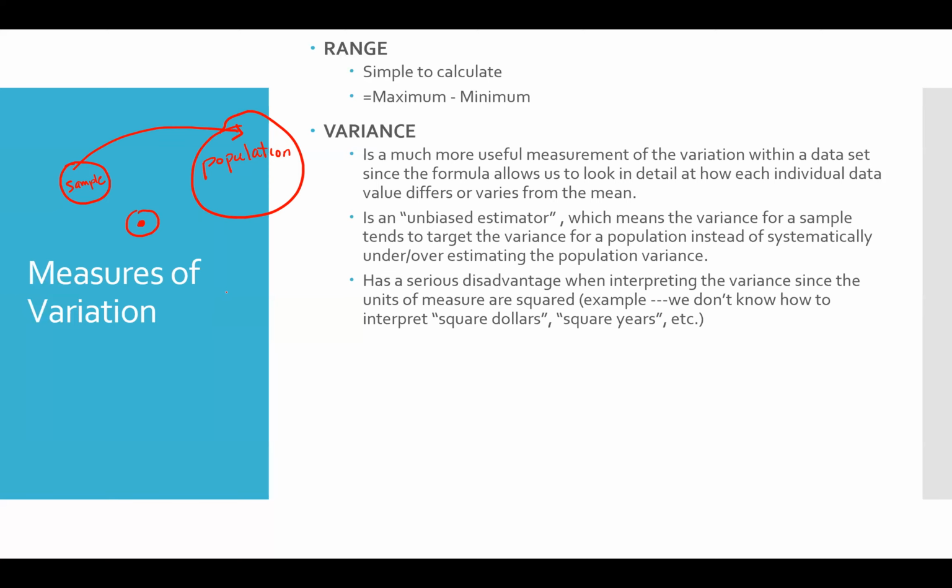Or if we were talking about money, we would have to talk about square dollars. And that's a very odd concept. We don't normally think about those particular types of measurements being squared. So the challenge with the variance, while it is probably the most useful and really the best because it is an unbiased estimator, is that it's difficult, if not impossible, to interpret.